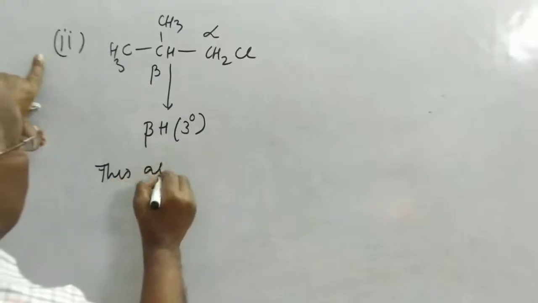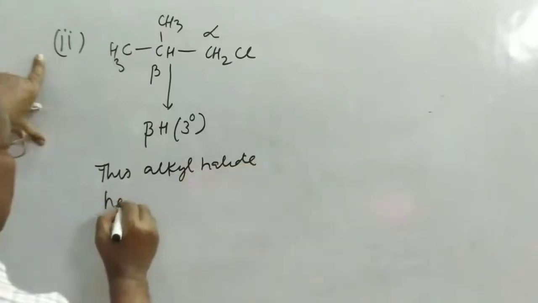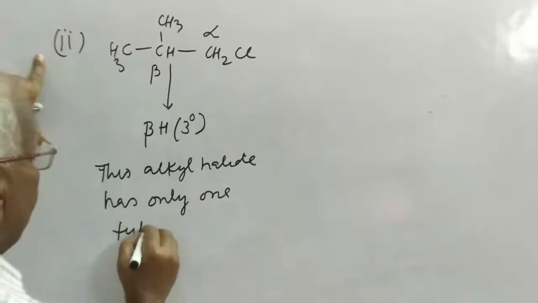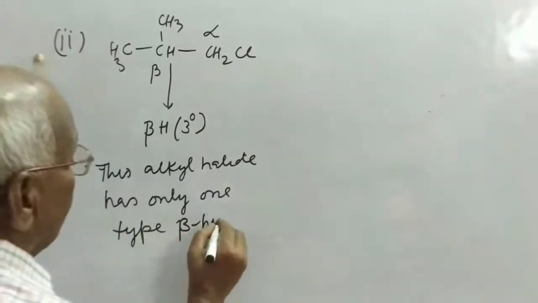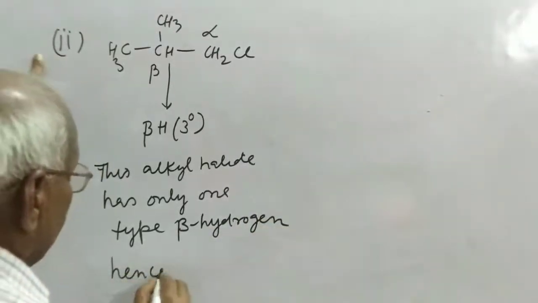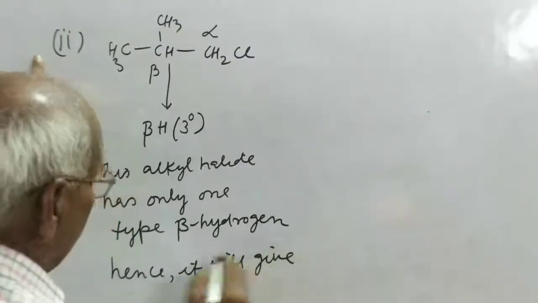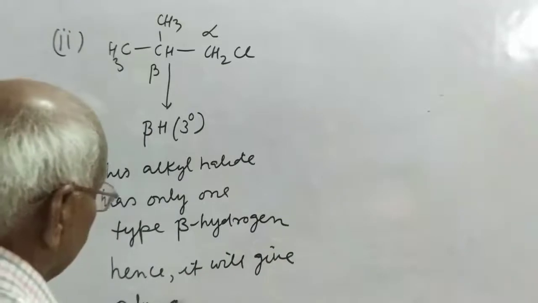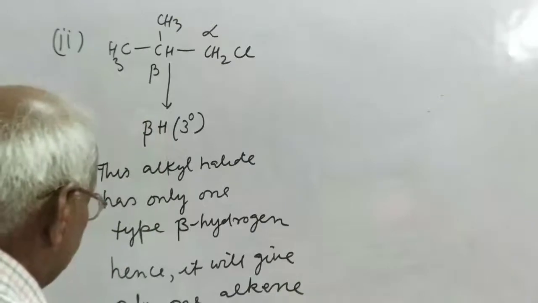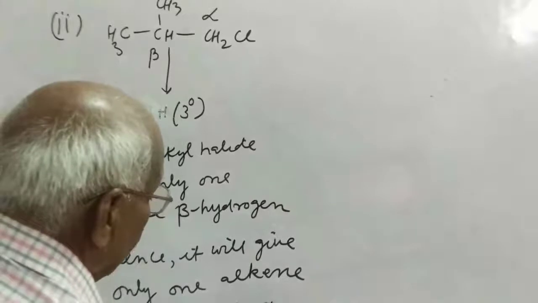So this alkyl halide has only one type of beta hydrogen, hence it will give only one alkene as the product, or dehydrohalogenation product.